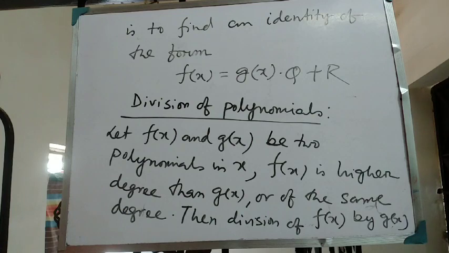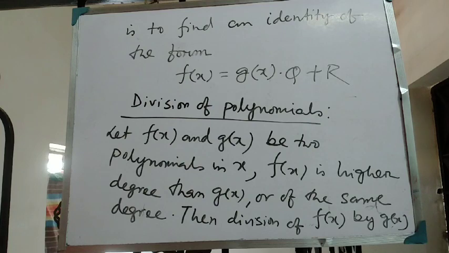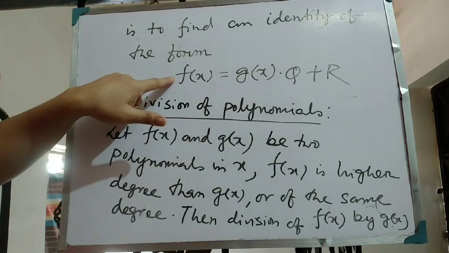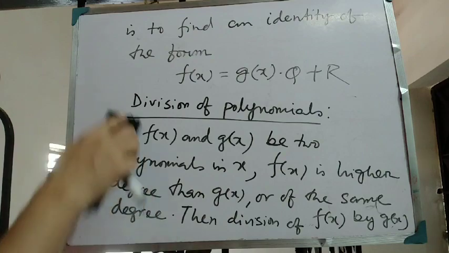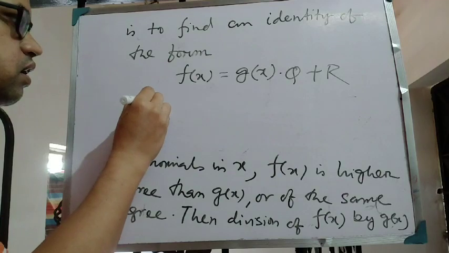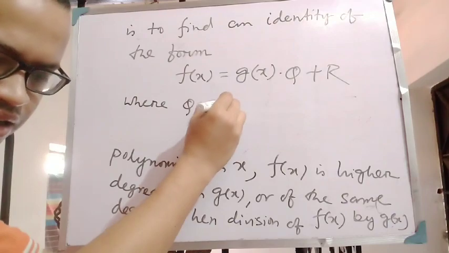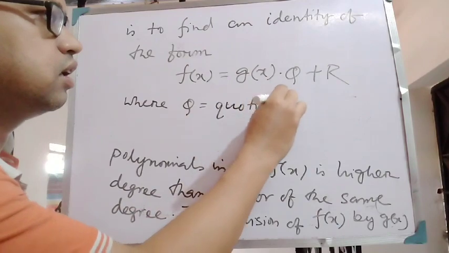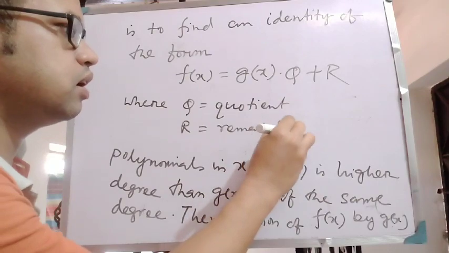Then the division is possible, and provided g(x) is a non-zero polynomial, we can find an identity f(x) equals g(x) into q plus r, where q is the quotient and r is the remainder.